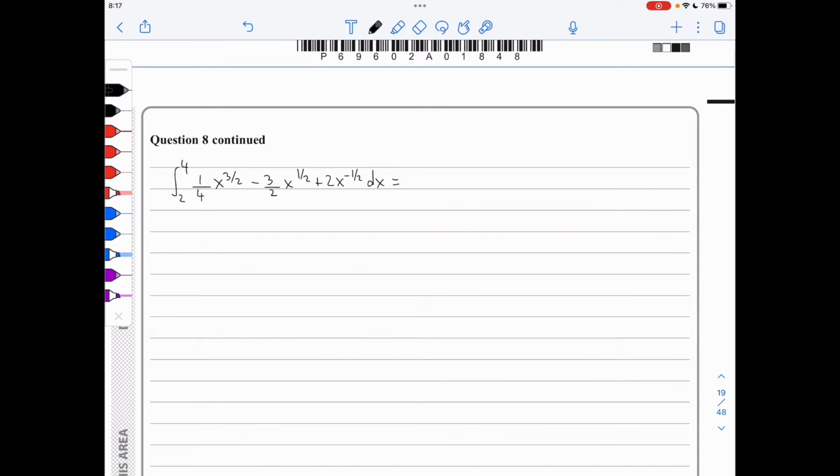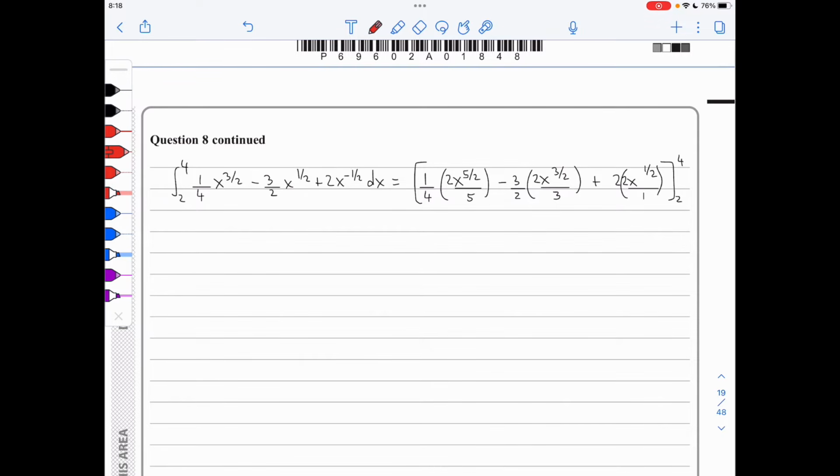So we can now proceed with integration. We said that the lower and upper limits are 2 and 4 respectively. So we increase the power by 1, divide by the new power. So it's a quarter x to the 5 over 2 over 5 over 2 minus 3 over 2 x to the 3 over 2 over 3 over 2 plus 2x to the half over a half, and the limits are 2 and 4.